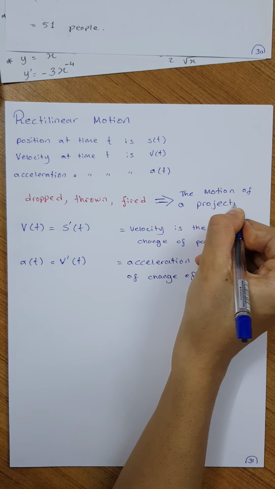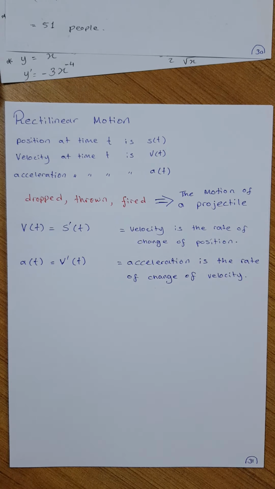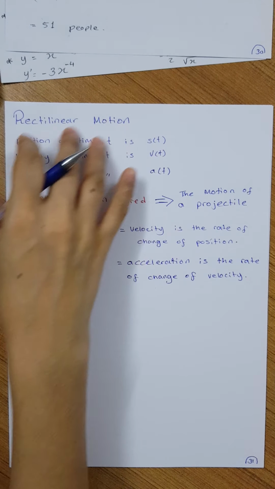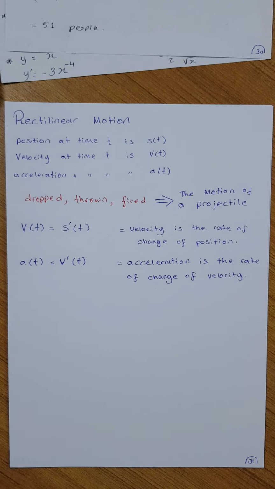So what is a projectile? As I told you, it is an object dropped, thrown, or fired. And when we are talking about dropping, throwing, and firing, we will need those notions of rectilinear motion.